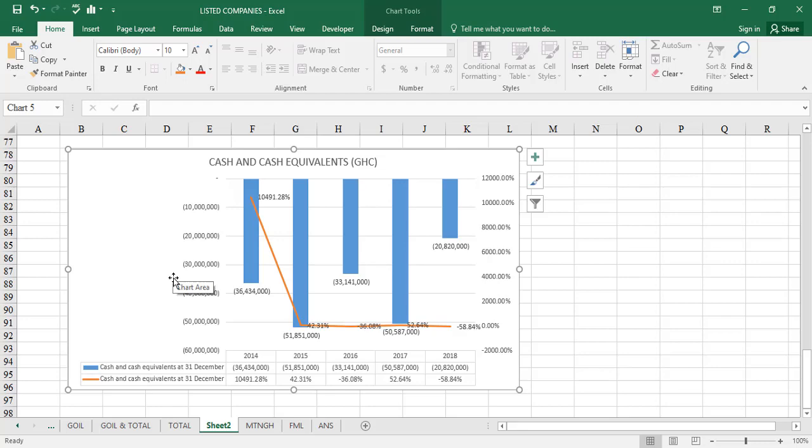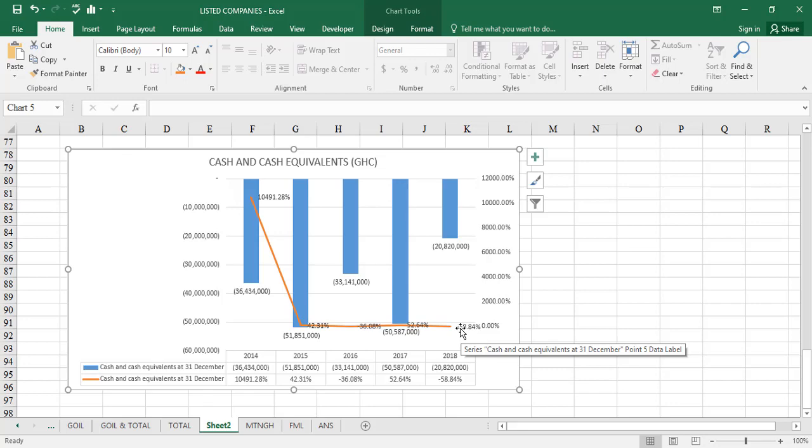Okay, so this has been the company's performance, or the trend of the company's cash and cash equivalent from 2014 through to 2018. And it must be noted that I have intentionally taken out the cash and cash equivalent which we see in their cash flow statement.